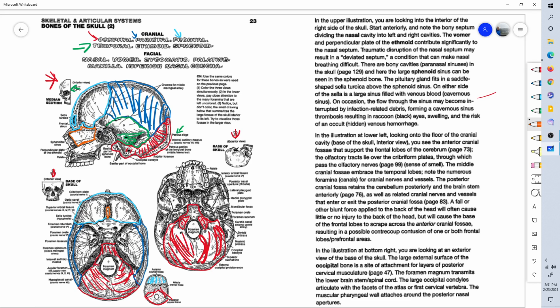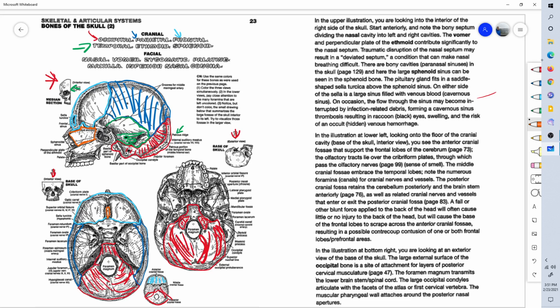Along with the vomer bone, it is part of your nasal septum.